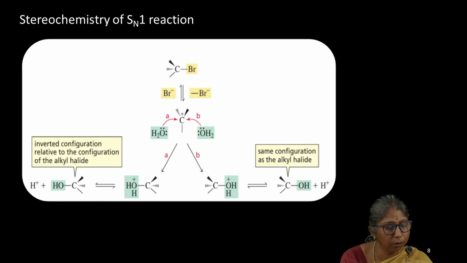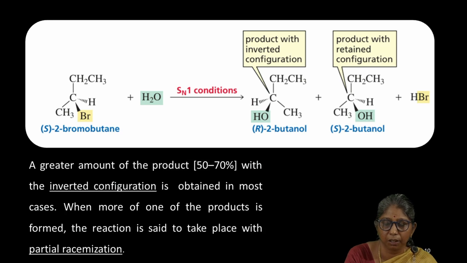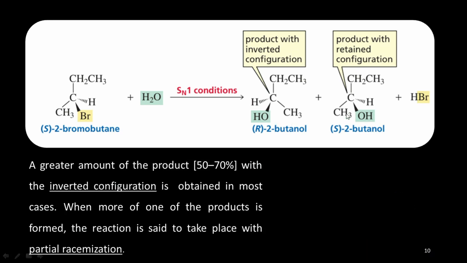There must be a reason behind this. See this one: if we start with the plus isomer, you get plus and minus isomers as the product in the case of SN1. You get more inversion of configuration. I have given an example: if you start with the S compound, the product is both R and S, one with inversion of configuration and another with retention of configuration.